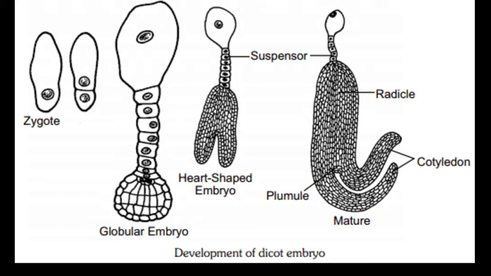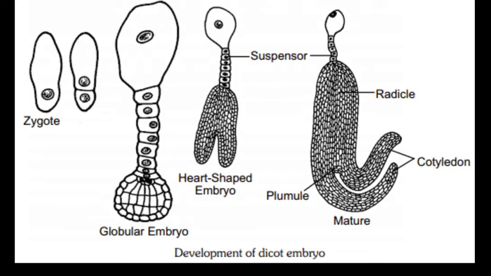What is the function of endosperm? The most important function is that the endosperm is a triploid tissue filled with reserve food material to nourish the developing embryo.